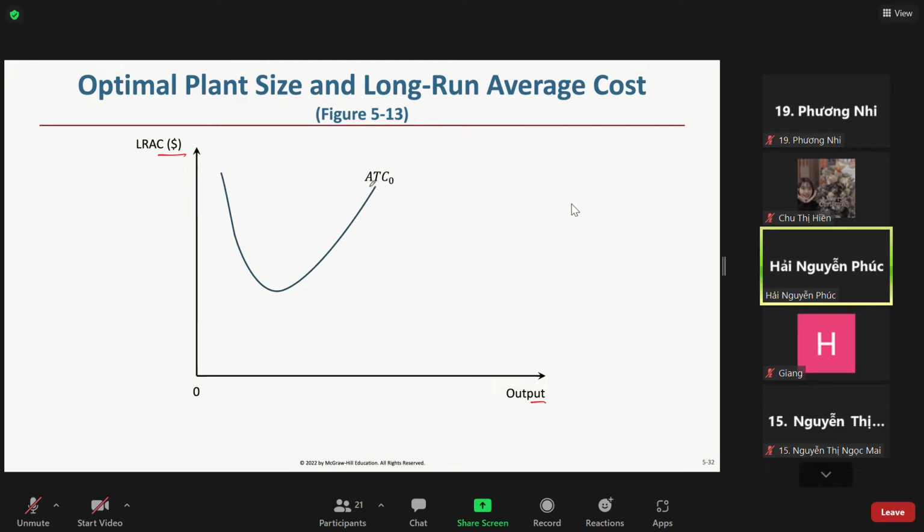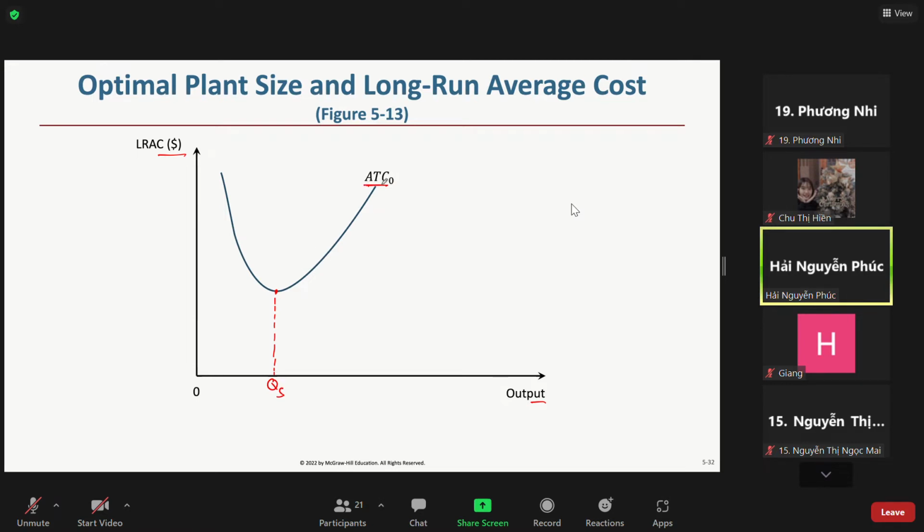Suppose in the short run, here's the ATC of a firm. Let's assume that, and you look at the minimum point. This point, the minimum, gives us the quantity, let's say QS.